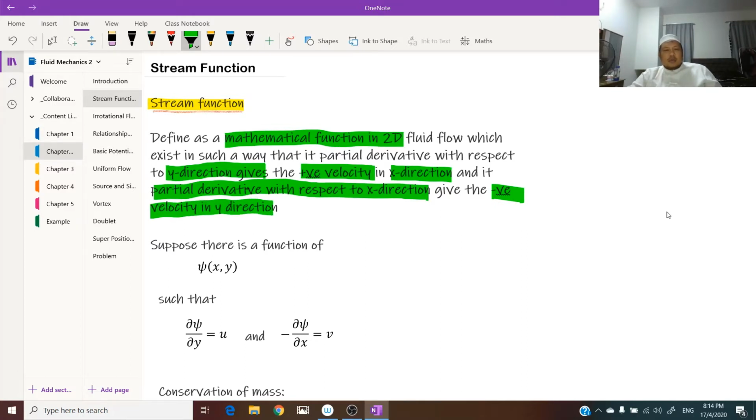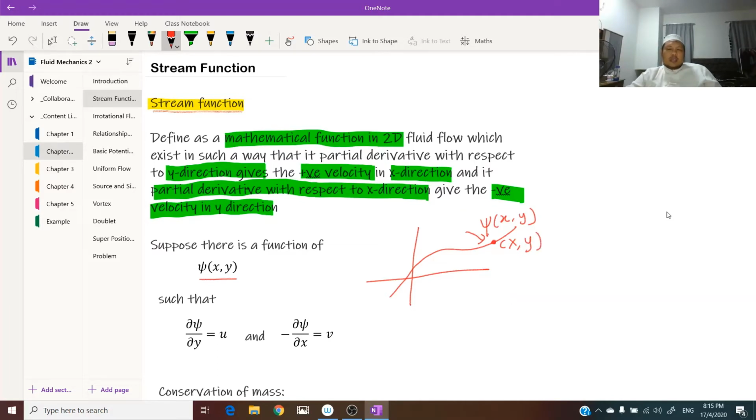So the potential velocity normally is given in this equation, which is psi as a function of x and y. This is a stream function. The stream function of x and y means that the stream flows from here, and this line we call the line of stream function. It is a function of x and y because at this point we have an x value and also a y value.